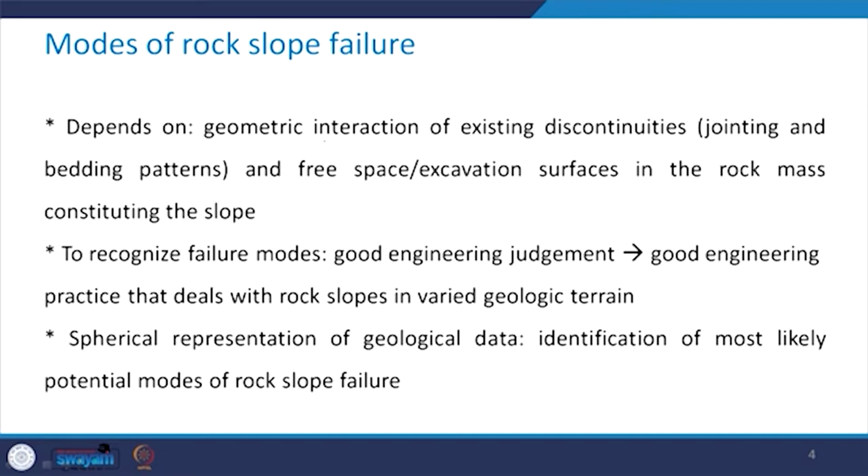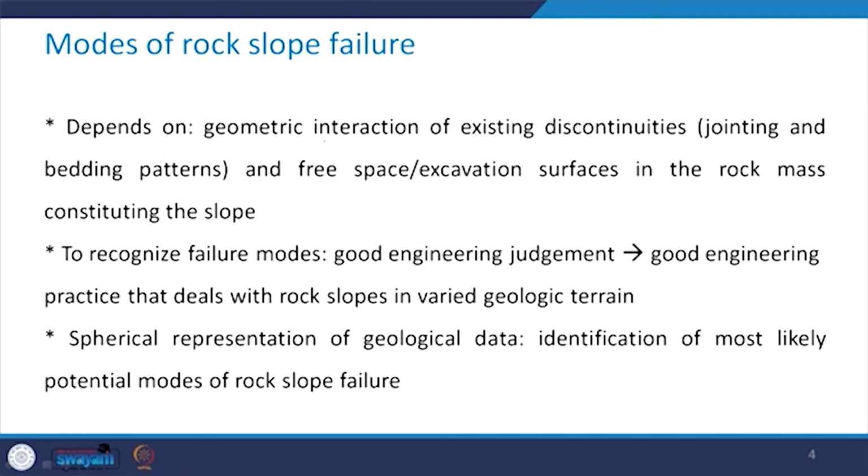In order to recognize the failure modes, one needs to have good engineering judgment, and this engineering judgment comes from good engineering practice that deals with rock slopes in varied geological terrains.